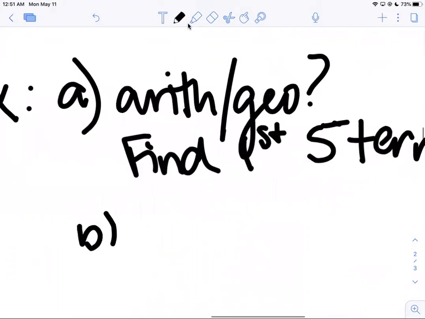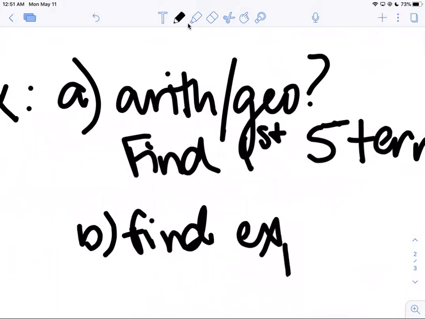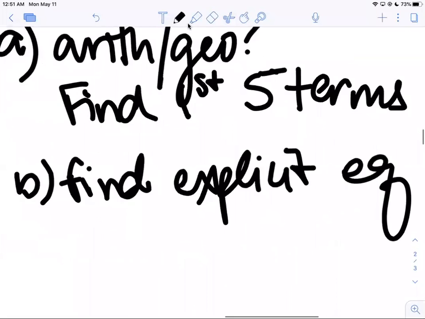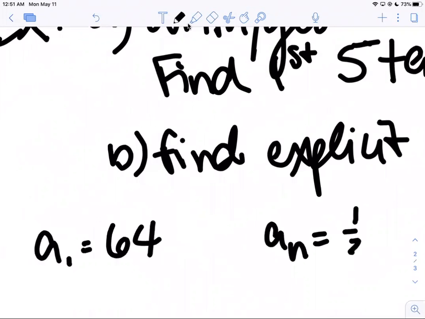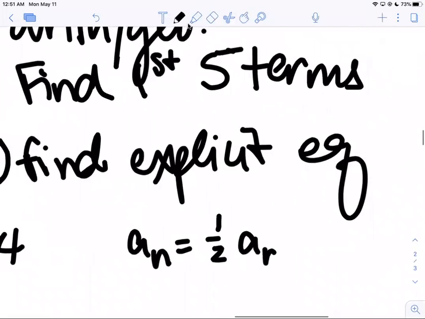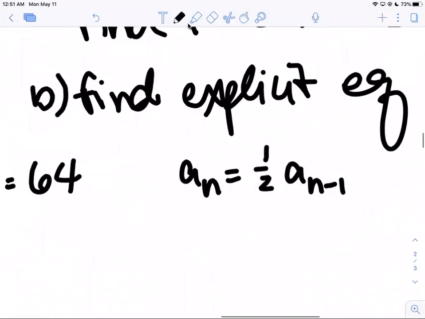And then part B says find explicit equation. Now, my sequence for this, or my information I'm going to give you, is going to be a sub 1 equals 64, and a sub n equals 1/2 times a sub n minus 1.